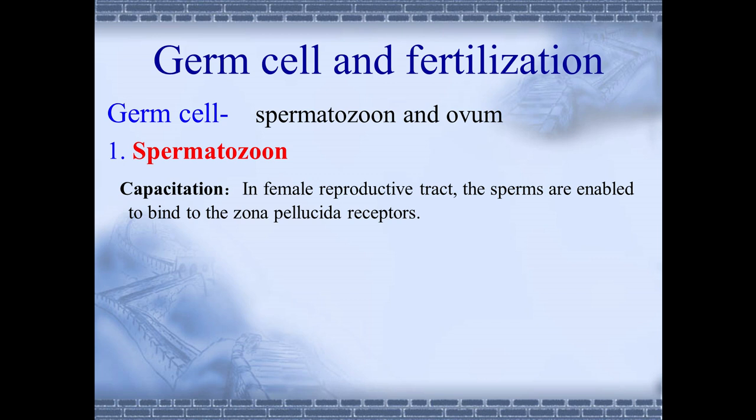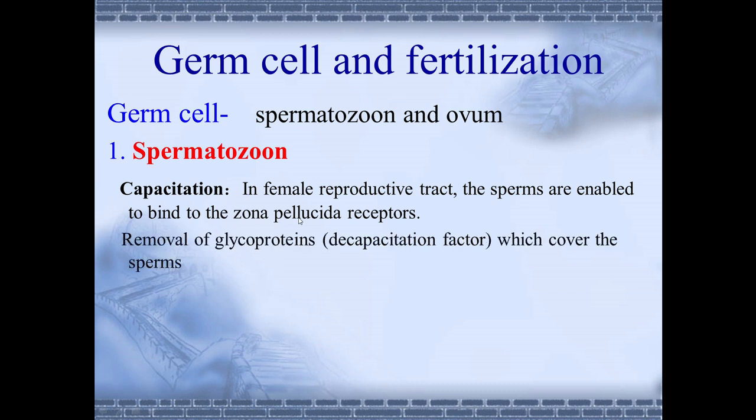Now capacitation is the physiological changes in the spermatozoa to have the ability to penetrate and fertilize an egg. The sperm are enabled to bind to zona pellucida receptors. Also there is removal of glycoproteins, that is a decapacitation factor which covers the sperms. These glycoproteins have to be removed.